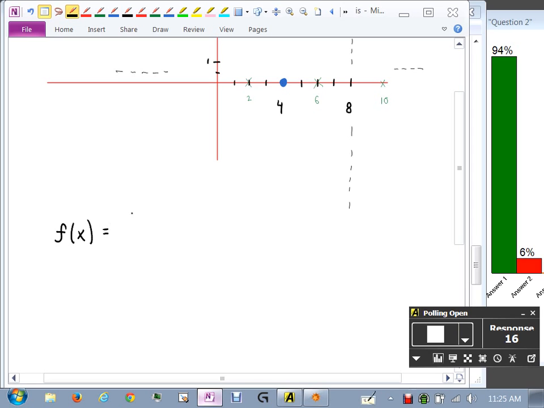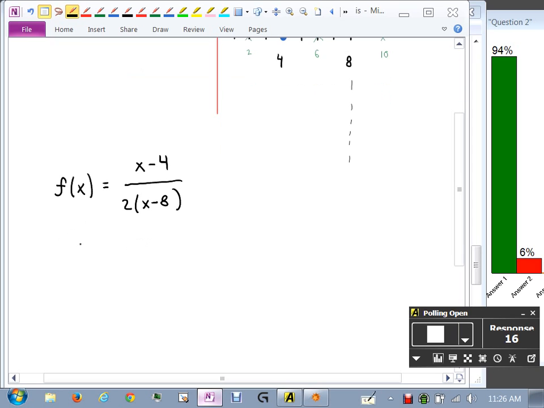What was the canceled one? It was x minus 4, x minus 8. Okay, so here I go to test. I'm going to do f of 2. I'm going to do f of 6. I'm going to do f of 10.